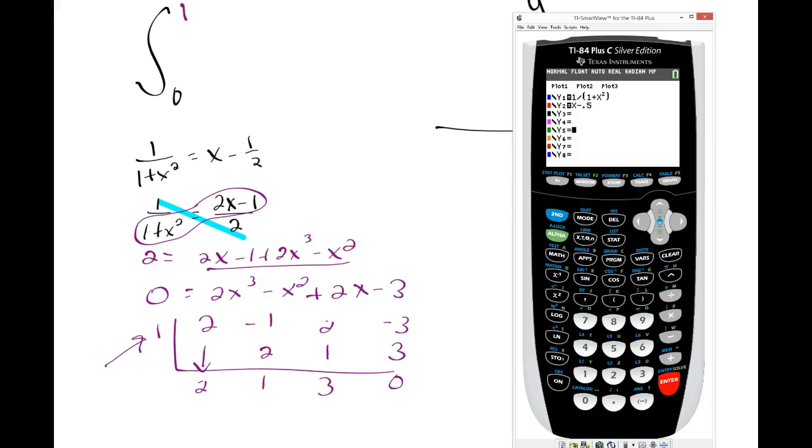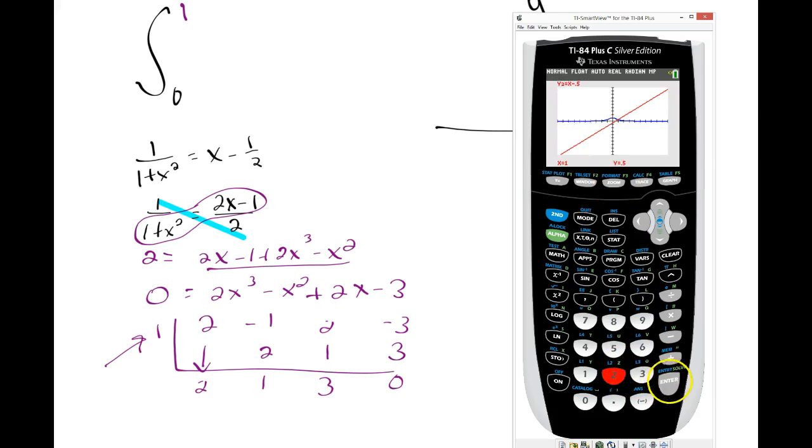Probably a little bit easier method would be just pull out your calculator and find the point of intersection. So I'll ask it to graph it and go ahead and just calculate the point of intersection. I don't even really care what this looks like. I know I'm going between 0 and something, so to find that something, now I can see that it's 1, and the height is only 0.5.